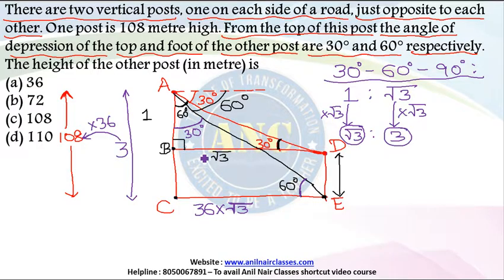Similarly, this also should be multiplied by 36. That is nothing but the BD value. BD also should be multiplied by 36. 1 also should be multiplied by 36. In simple language, out of total 108 units, AB happens to be 36. BC should be 108 minus 36, which is 72.